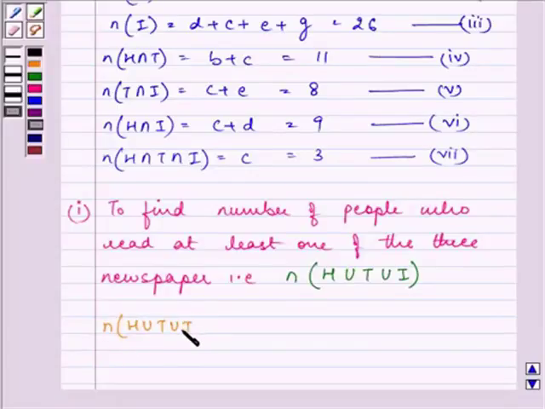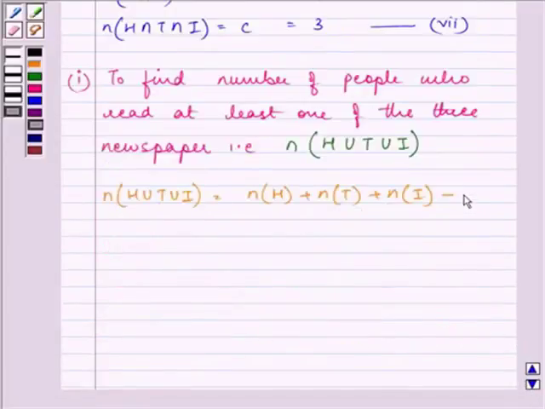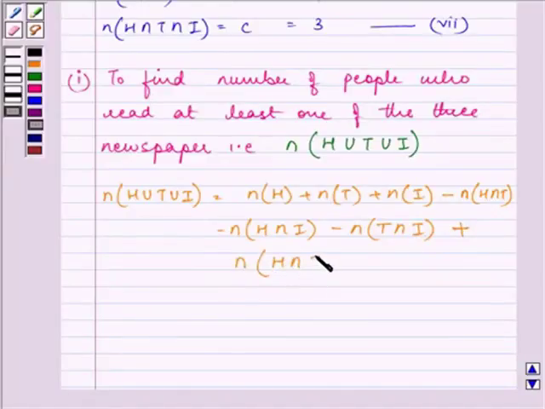H union T union I will give us, by adding first of all the elements of all the 3 sets, then subtracting their intersections, that means H intersection T, H intersection I, and T intersection I, and then adding the number of elements that are common to all the 3 sets.